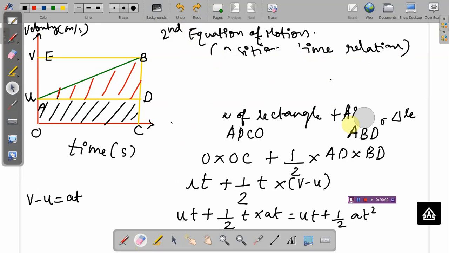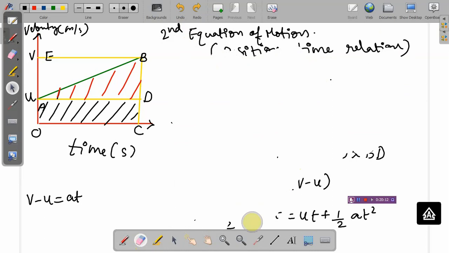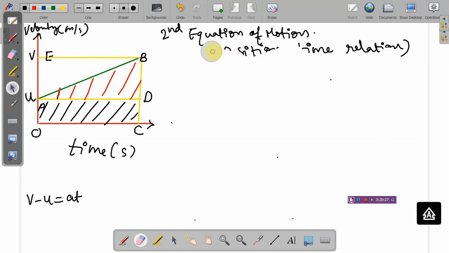In the previous method, I calculated the distance traveled by adding the areas of two figures, that is rectangle and triangle. But in this third equation, I am using the method of calculating the area of the trapezium. So here I have the third equation of motion.